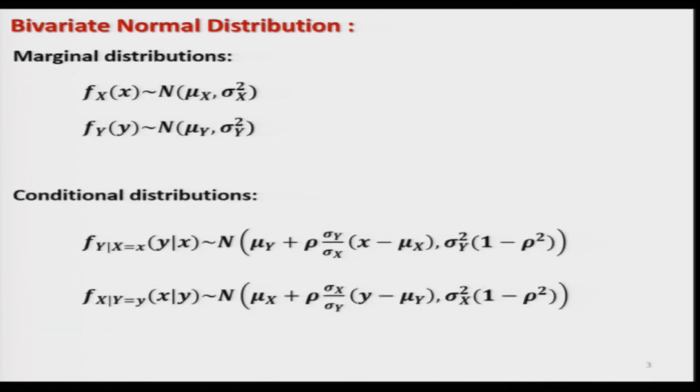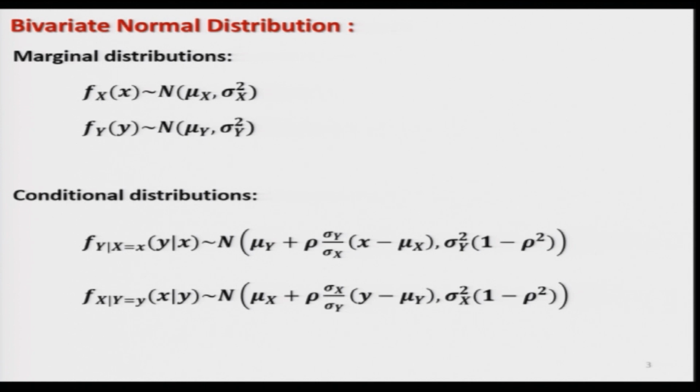So, now I will not give you the proof here, because the proof is available in almost all the statistics books, but my main objective in this data science course is to give you the properties so that you can use them in applications.